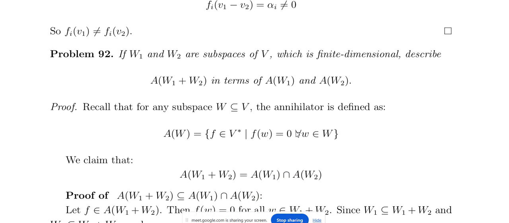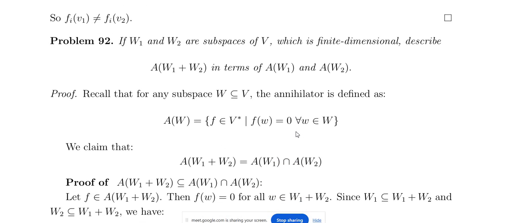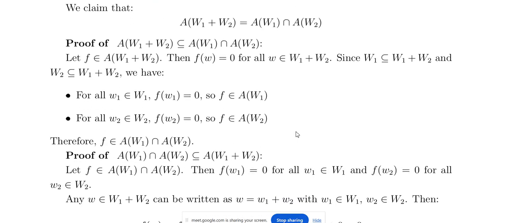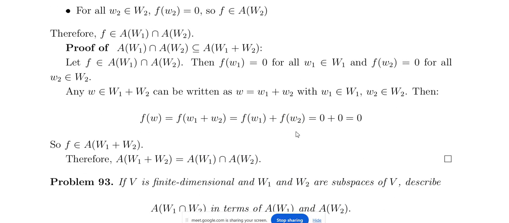Similarly, W1 and W2 are subspaces of V which is finite dimensional. Describe the annihilator A of W1 plus W2 in terms of A of W1 and A of W2. So we know the definition of the annihilator.